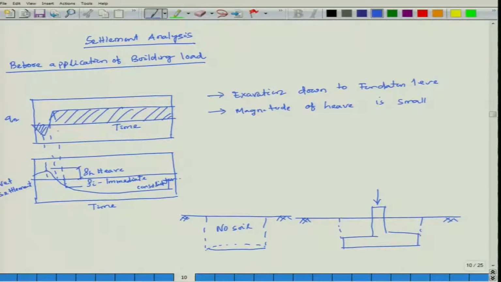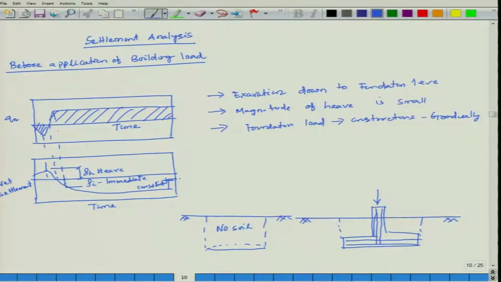Once after this excavation, you lay the foundation, that means foundation load is applied, or construction proceeds gradually. You do the excavation, then lay the reinforcement caging at the base, then do the concreting.